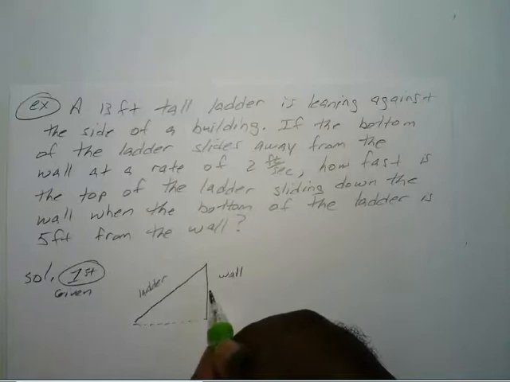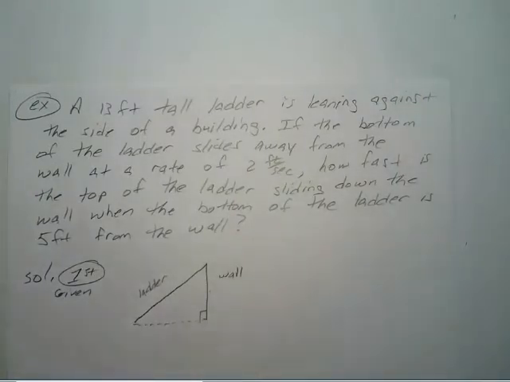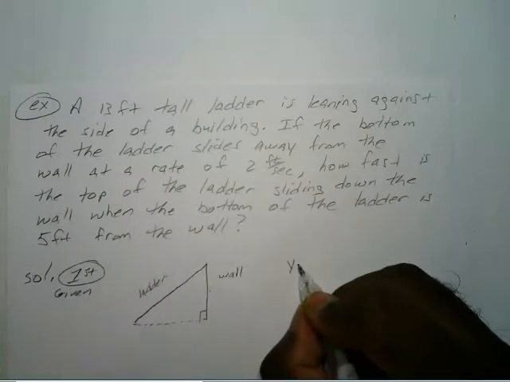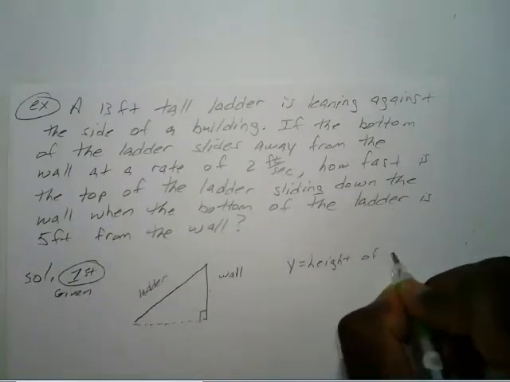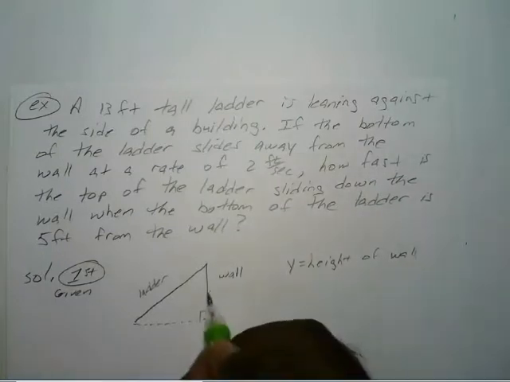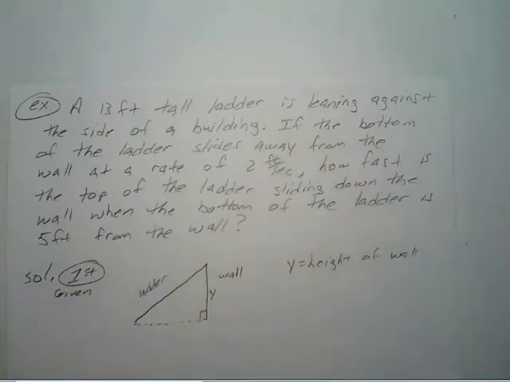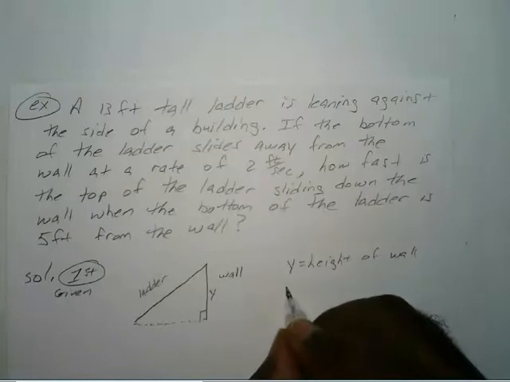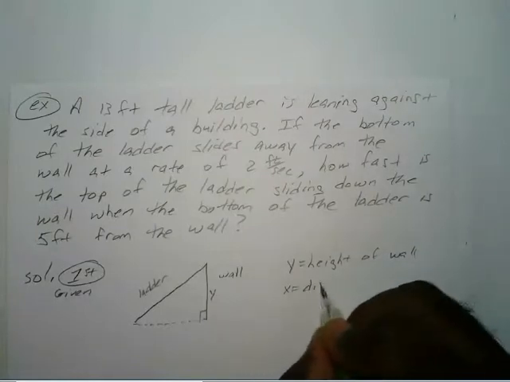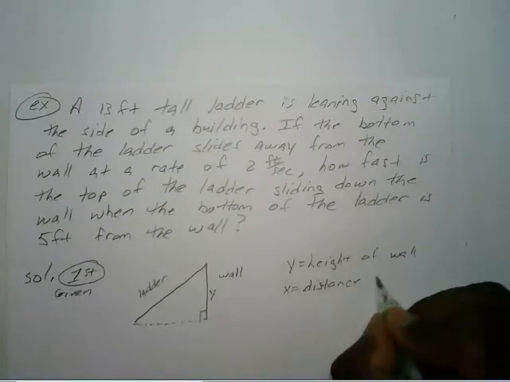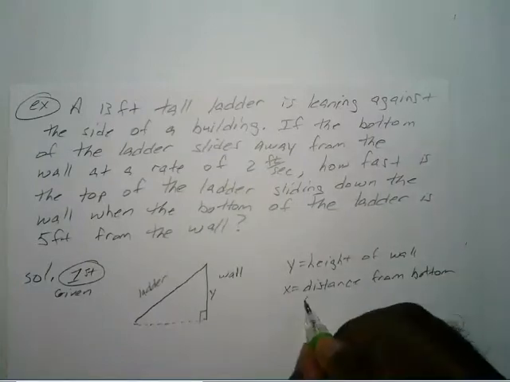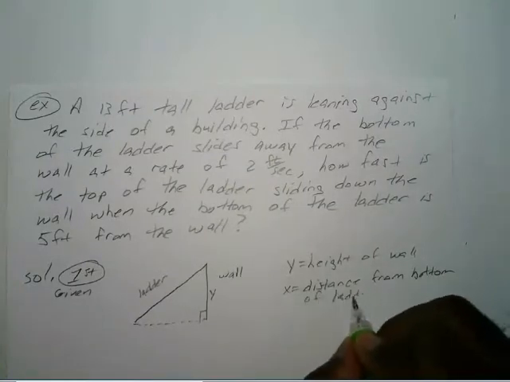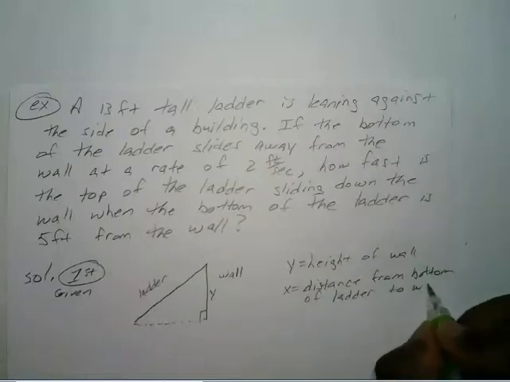Since, unless you have a crooked building, that's going to be a right angle, we'll let y equal the height of the wall, and we'll let x equal the distance from the bottom of the ladder to the wall.